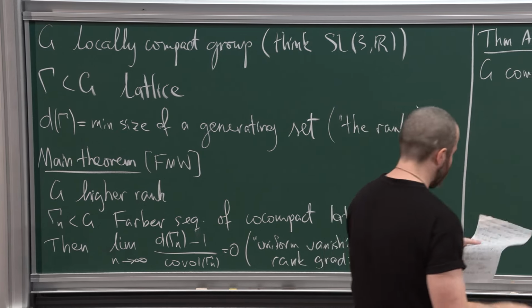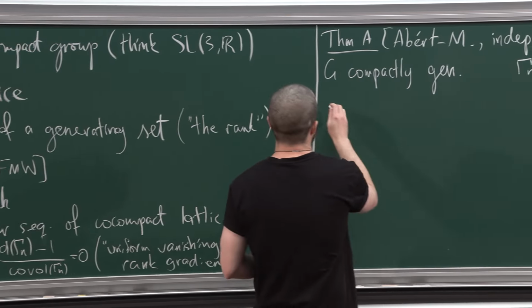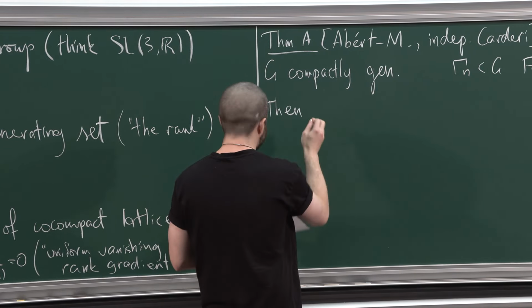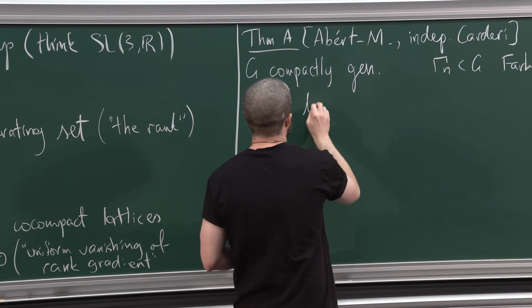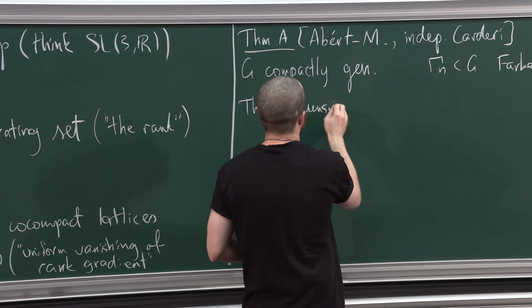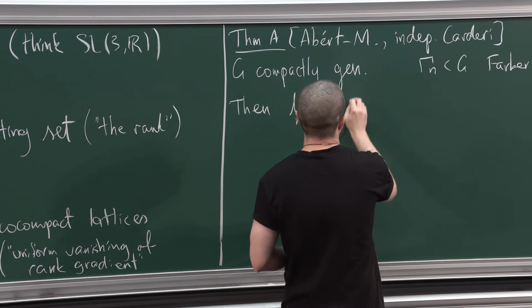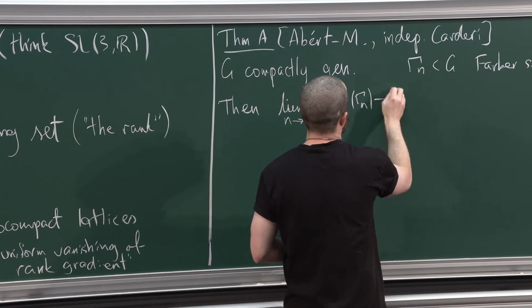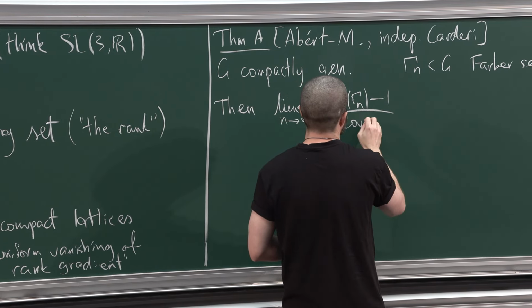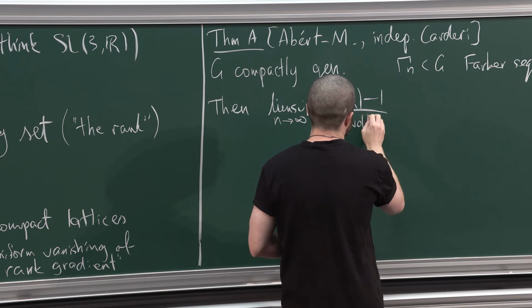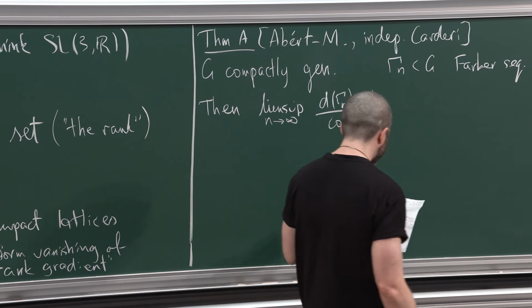OK, so what is the theorem? The theorem states that if I look at the normalized rank again, and now I'm taking it worst case scenario, so I look at the lim sup. So the rank of the lattice minus 1 divided by the covolume. There's a reason why I include this minus 1 here. You'll see it very soon.